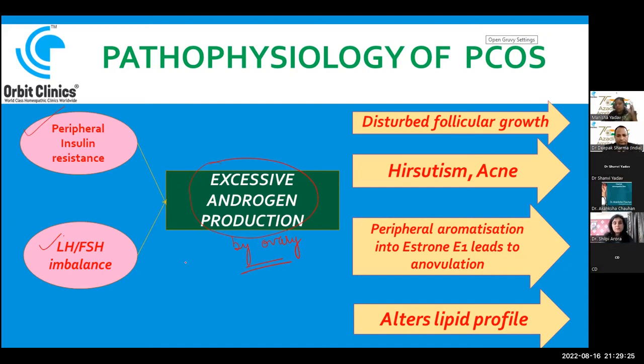Is it clear? So in one word, you can say the excessive androgen inside the female is responsible for the development of all the signs and symptoms which you can see in PCOS. And why does this androgen become excess inside the body? Because of insulin resistance, that is the peripheral insulin resistance, or because of imbalance of hormones. Now we will discuss this.